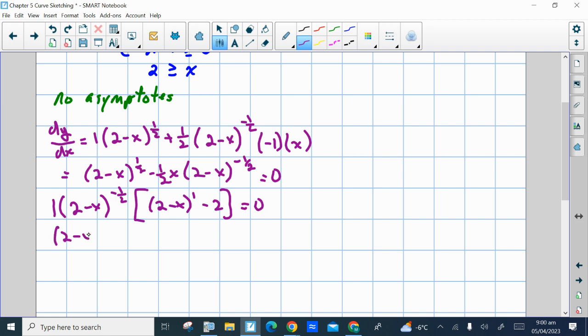So I have 2 minus x to the negative a half, and then 2 minus x to the 1, which is just 2 minus x. Take away 2, the 2's cancel, and we'll have negative x. Pardon me? Oh, I'm sorry.